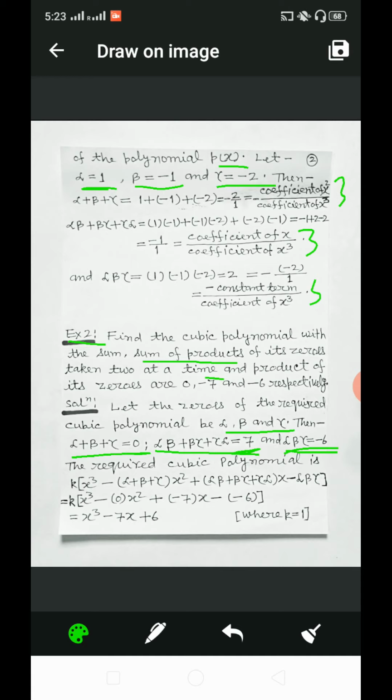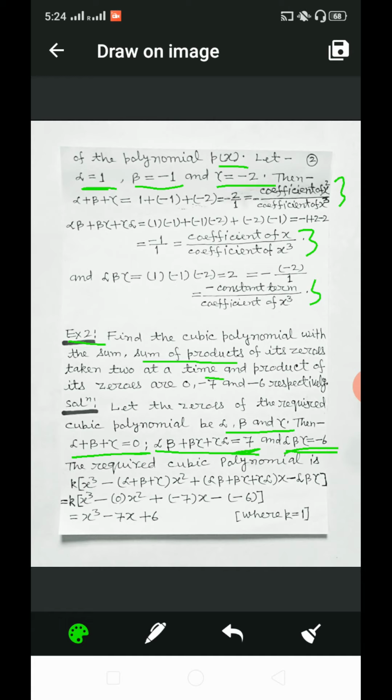So the required cubic polynomial is k into (x cube minus (alpha plus beta plus gamma) into x square plus (alpha beta plus beta gamma plus gamma alpha) into x minus alpha beta gamma).